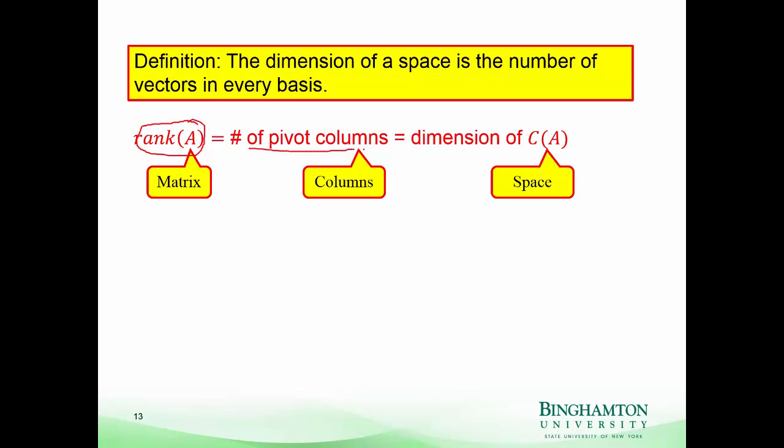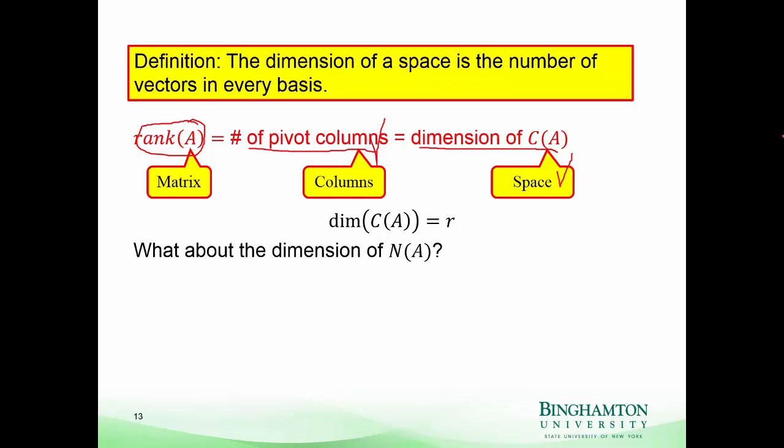The number of pivot columns tells us something about the columns of A, and the dimension of the column space of A is something characterizing a space that has a relationship to that matrix. We've already stated that the dimension of the column space is equal to the rank of the matrix.